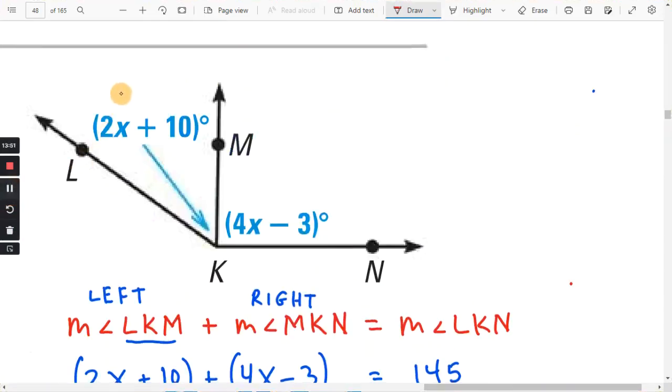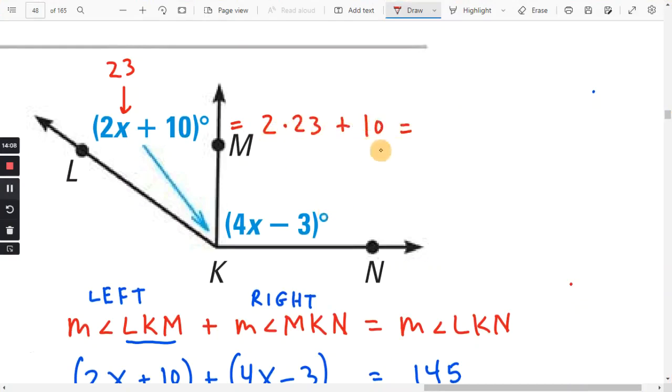All right, so the 23 goes right in there. And that is going to equal 2 times 23 plus 10. 2 times 23 is 46, plus 10 is 56.